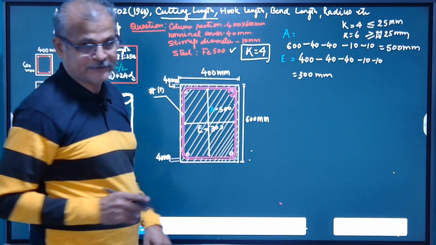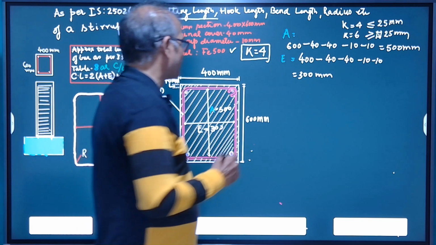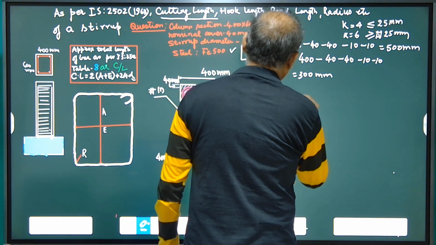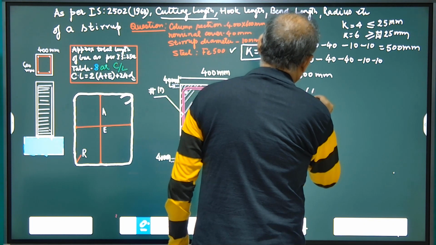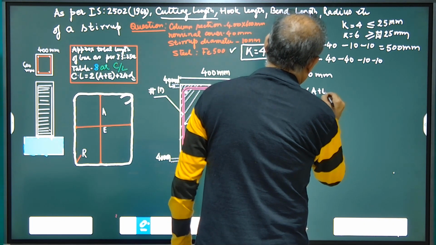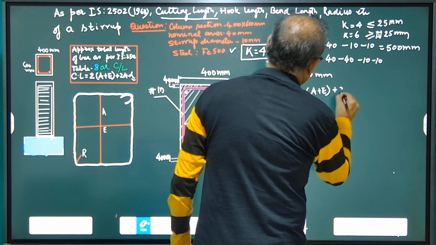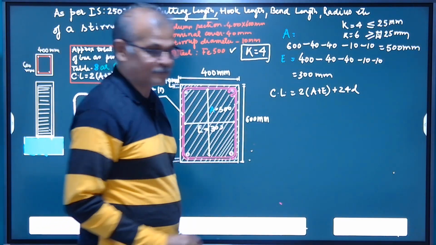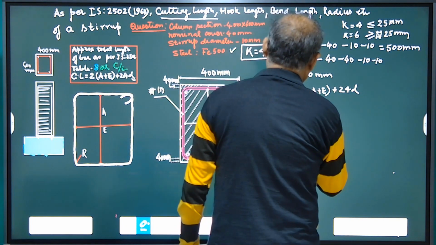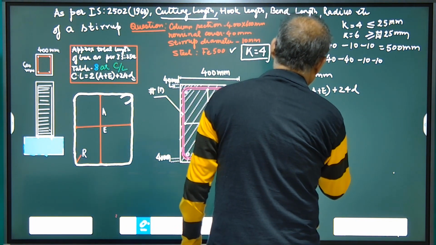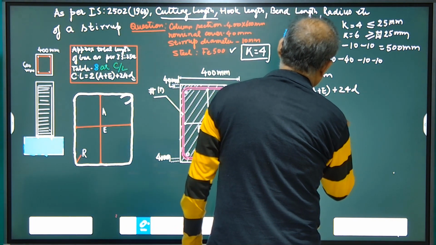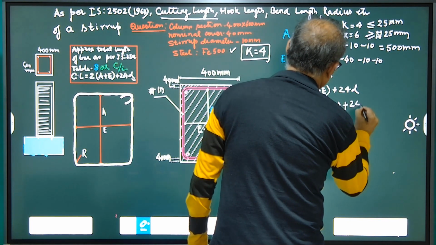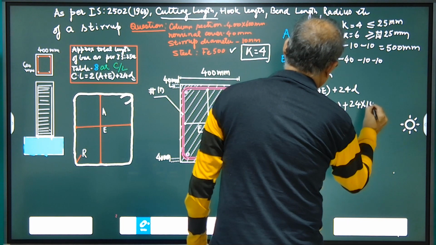So let us input these values in the formula. Cutting length formula is 2 times (A plus E) plus 24 times diameter of stirrup. So 2 times (500 plus 300) plus 24 into 10.